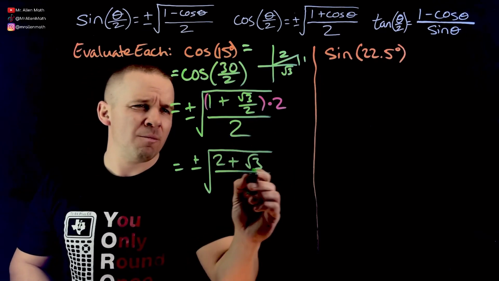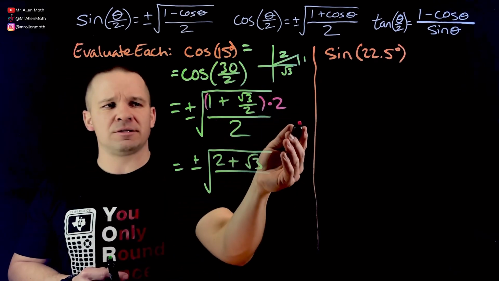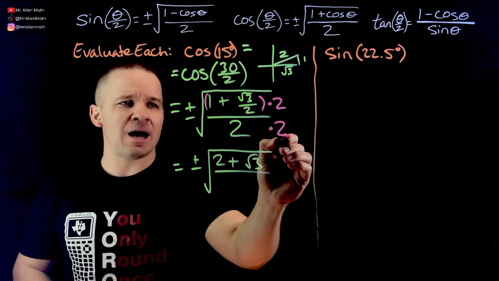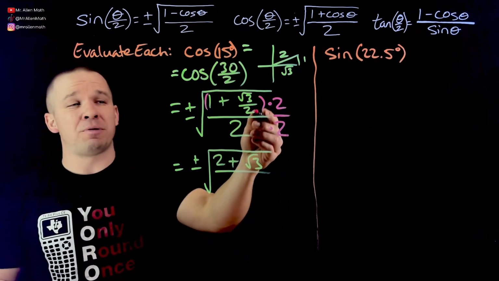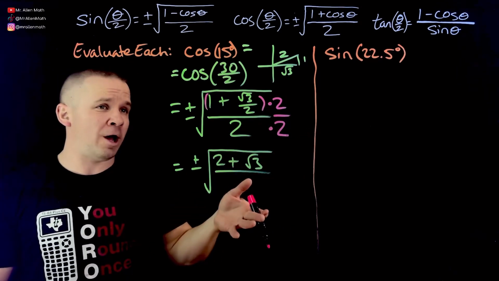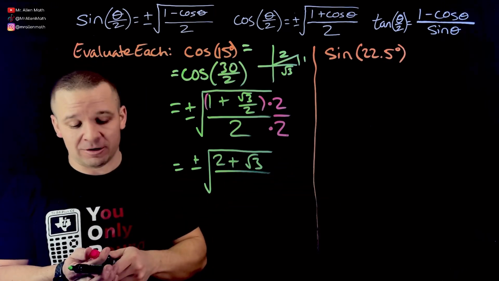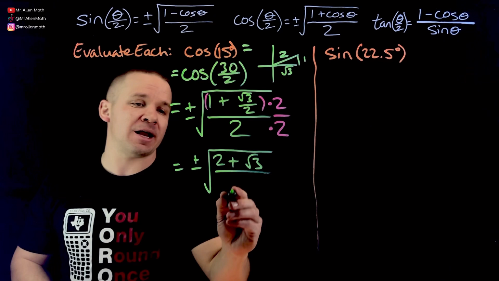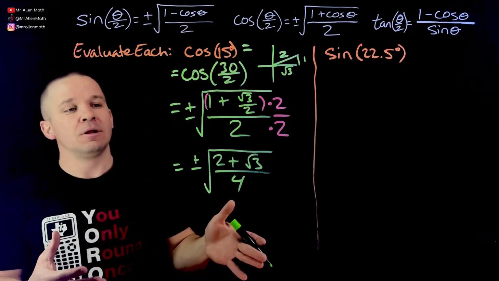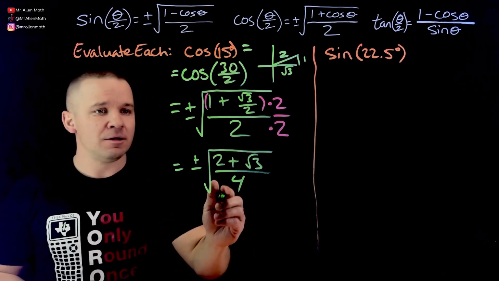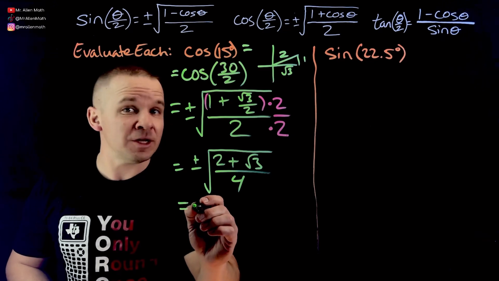That's awesome. But hold up. I can't just multiply that by 2. Wouldn't I also have to multiply my denominator by 2? Thus, I am multiplying by 2 over 2, which is equivalent to 1, and multiplying by 1 does not change anything. That's a legal move in mathematics. So that's a 4 down there. Lovely. And that actually works out really, really well, because the square root of 4 is 2.